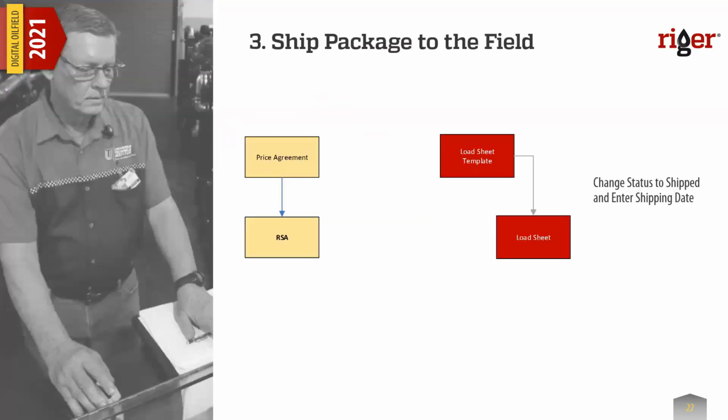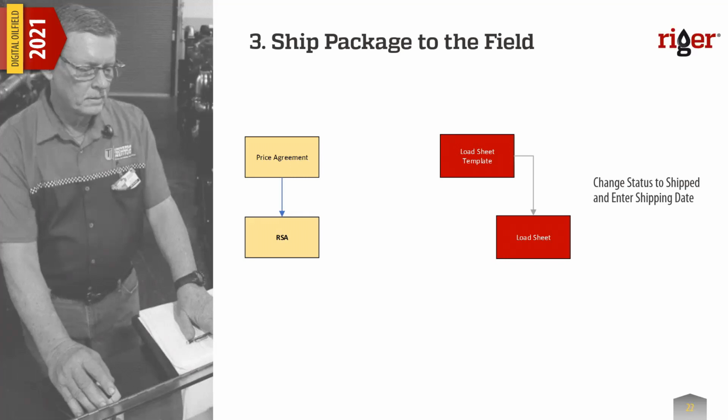Then you send the equipment to the field, to the client's location, and you generate the load sheet, select the related template, change the status of the load sheet to shipped, and enter the shipping date.